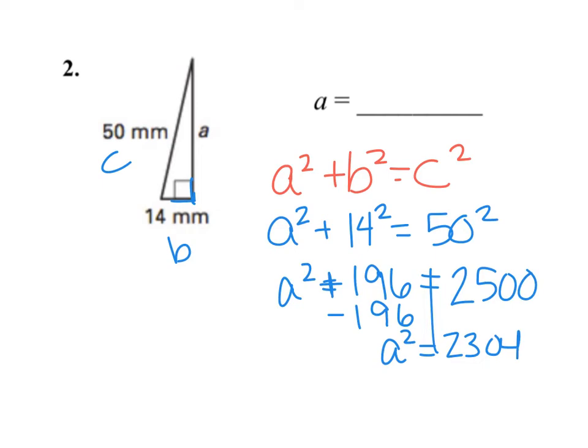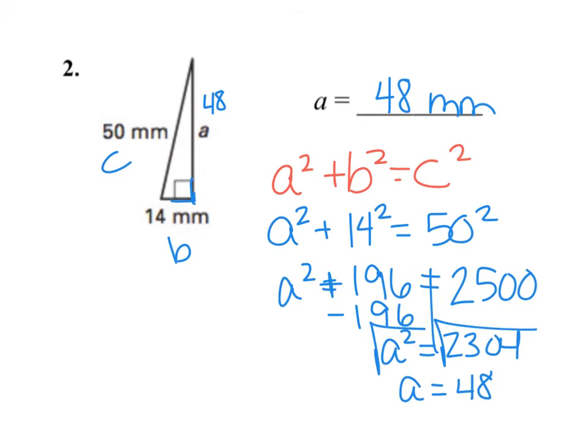Again, we do not want to have the squared, so I'm going to take the square root of 2304, and I'll have a side length of 48. So that means that this side is 48. So 48 millimeters would be the answer to that one.